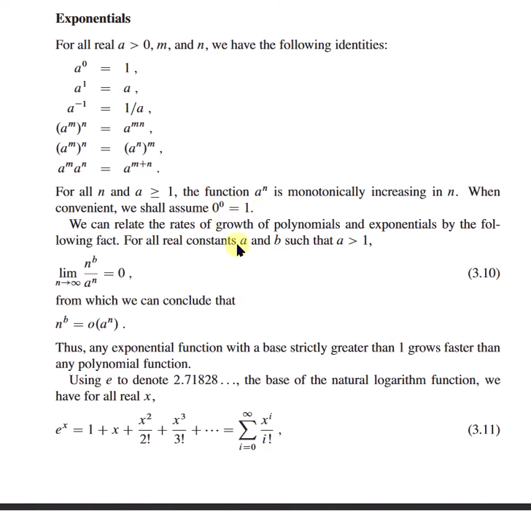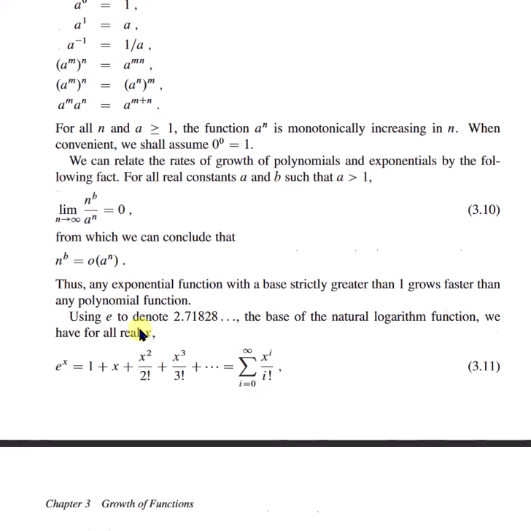We can relate the rates of growth of polynomials and exponentials by the following fact: for all real constants a and b such that a is greater than 1, the limit as n tends to infinity of n to the power b over a to the power n is 0. We don't know the value of b, but we do know some value of it which tends to infinity, from which we can conclude that n to the power b is asymptotically bounded by little o of a to the power n.